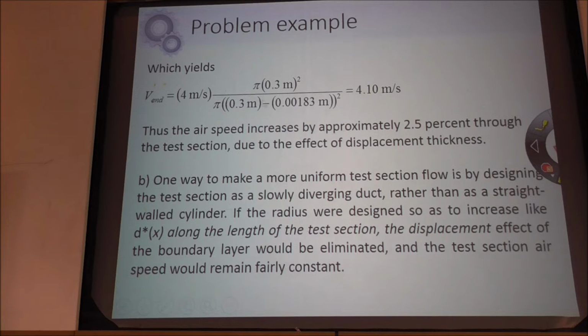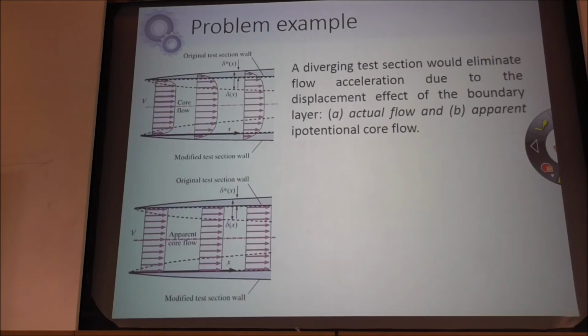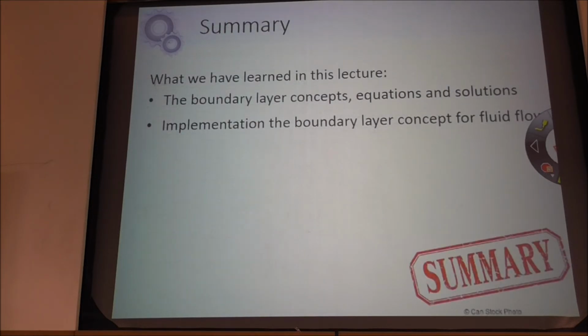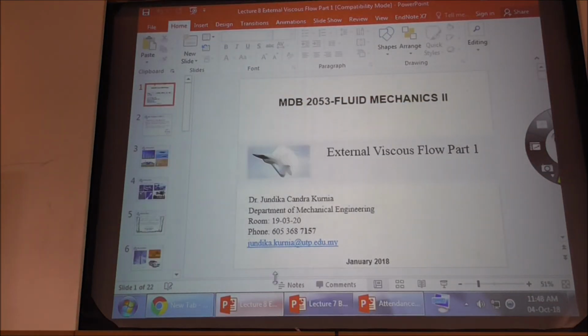So if you want to make it 4, you have to increase the area such that the velocity goes back to 4 meters per second. Okay? Any questions about that? So we end our boundary layer concept class, right? The next one will be the external flow.